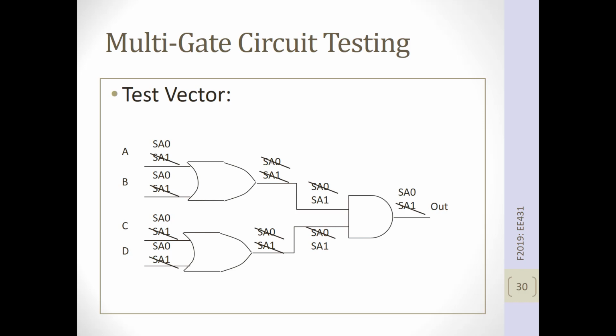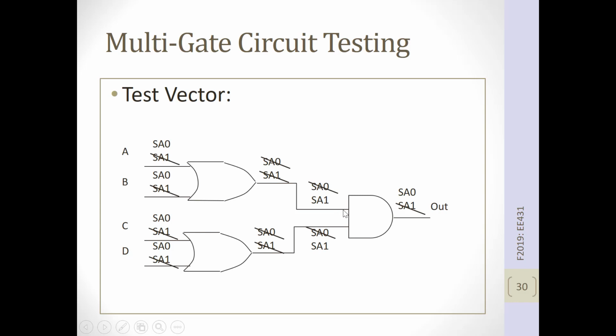One thing here that's the most tricky part of finding the test vector to test this is if you're testing for a stuck at 0 fault, you're also testing for a stuck at 0 fault on this wire. So if you're testing for a stuck at 0 fault on the input of your OR gates, you're already testing for a stuck at 0 fault on the output of the OR gate, which, because it's on the same wire, you're also doing a stuck at 0 test on the input of the AND gate.